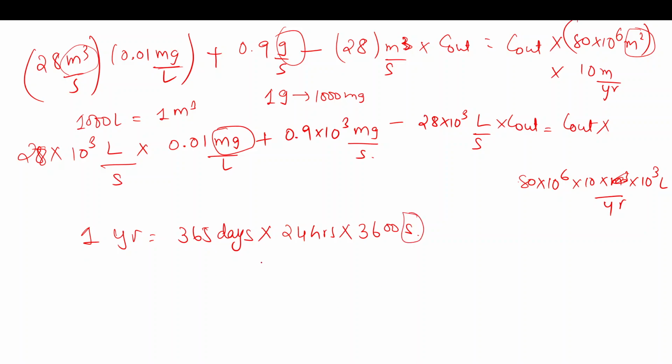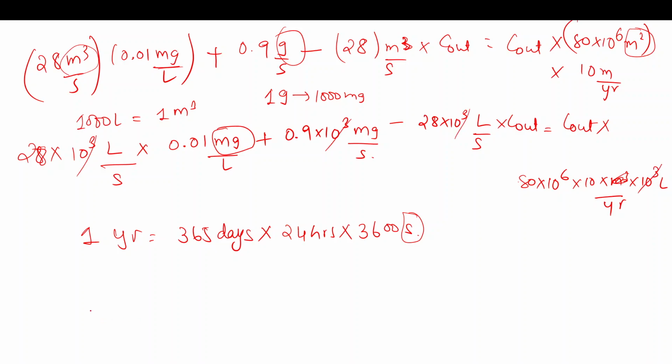So let's put in all the values here and calculate C out. First, 1000 can be cancelled by dividing each term, because it is there in each term.